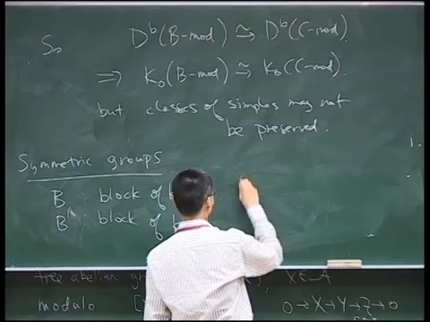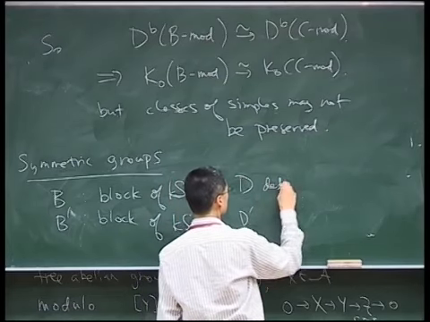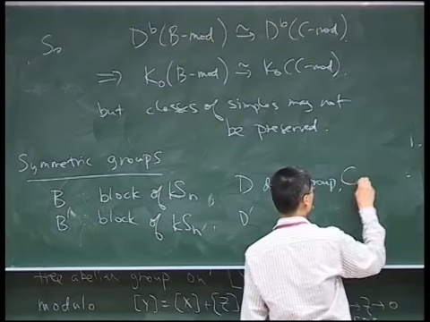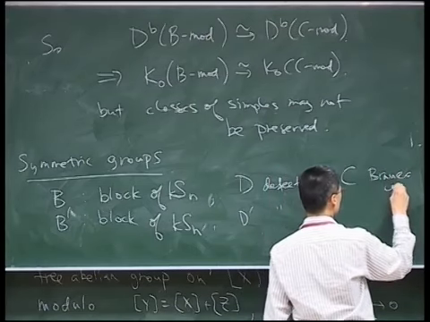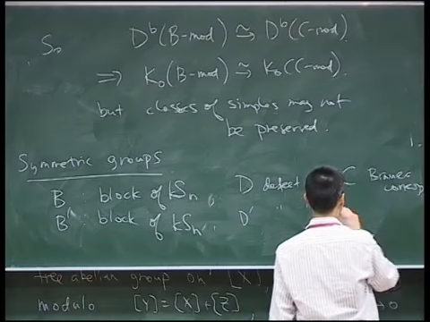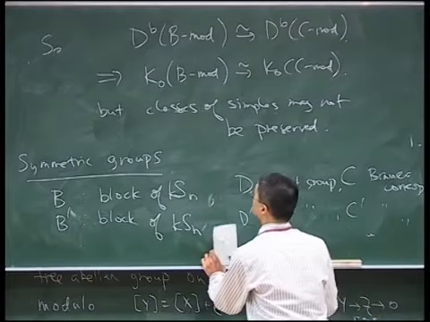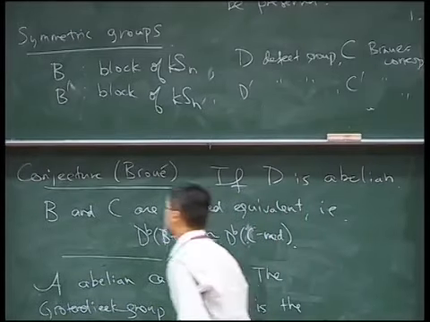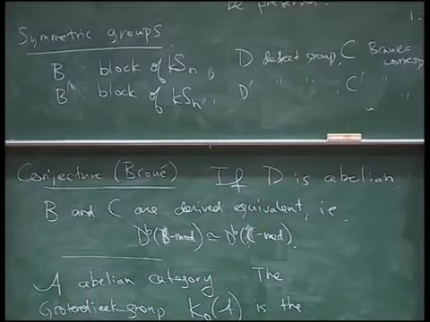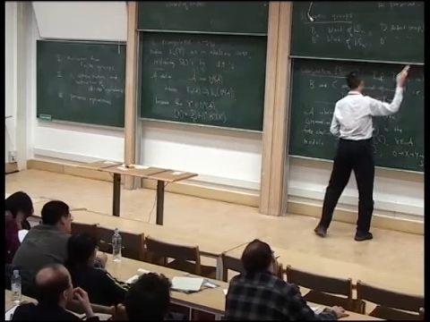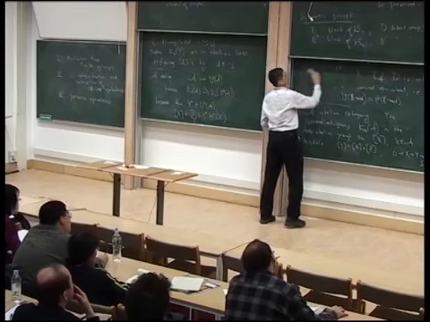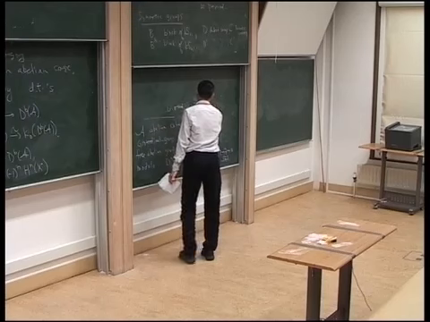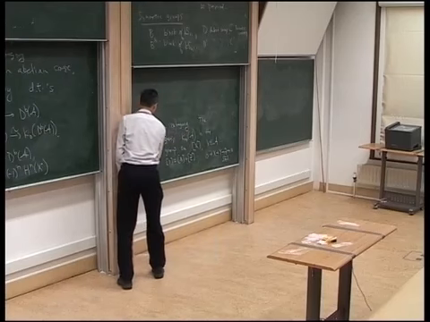So we have defect groups and a Brauer correspondent. Okay, so the situation of Broué's conjecture is when D is abelian, but for the time being, let's not place any restriction on the defect groups.